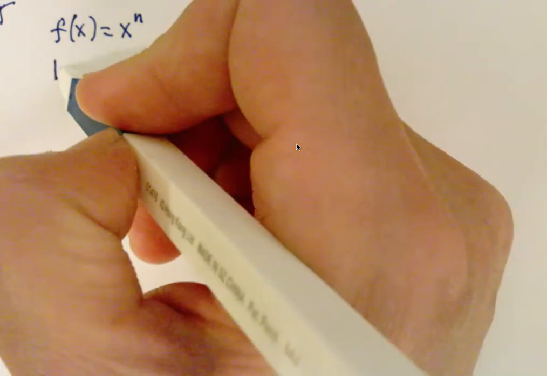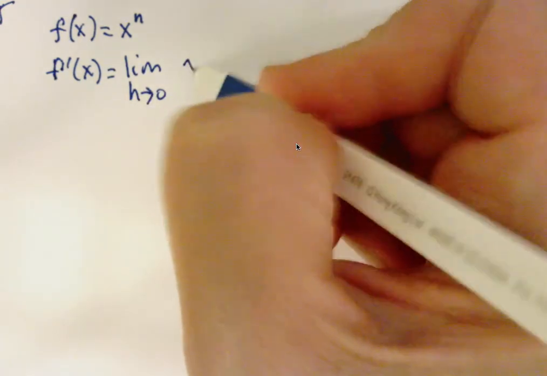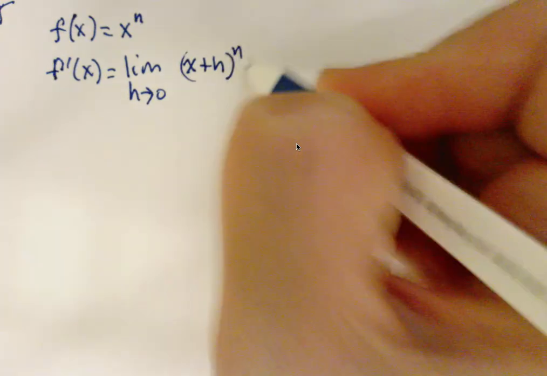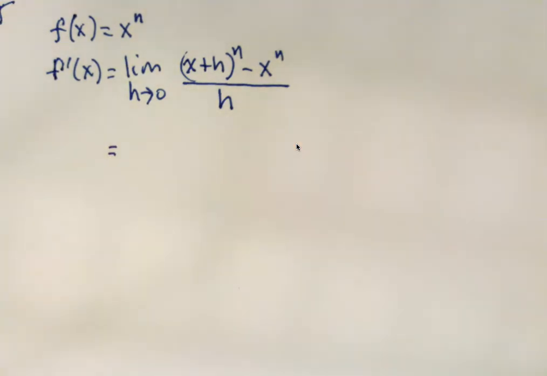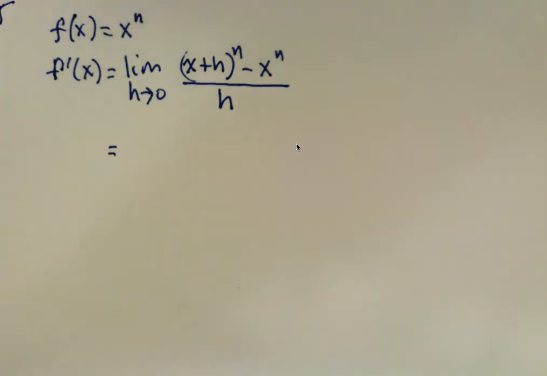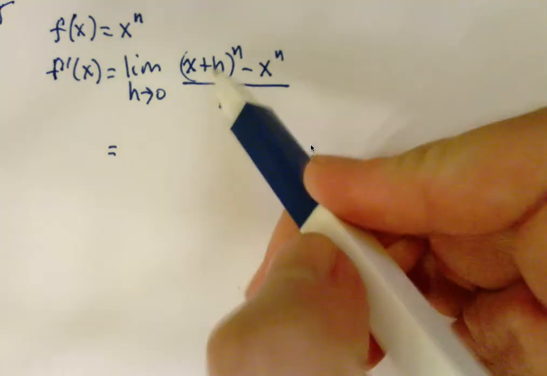We're now going to try something slightly harder, which is f of x equals x to the n. But you'll see that the strategy is still the same. We're going to take the limit as h goes to 0 of x plus h to the n minus x to the n over h. And now we're going to use the binomial theorem to expand this term out.